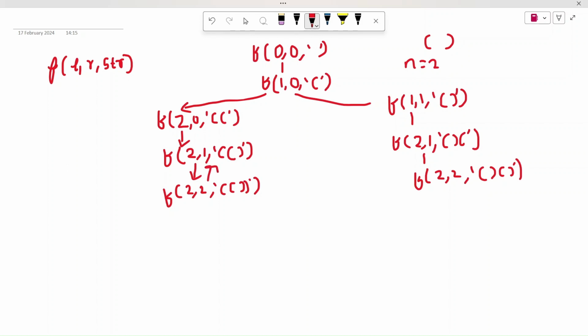Whenever my function comes back, I will delete the last character from the string, so that after the function comes back I can start from this string and insert from it. This is what backtracking means: you inserted this, and now you start again from this string, coming back with the same configuration.